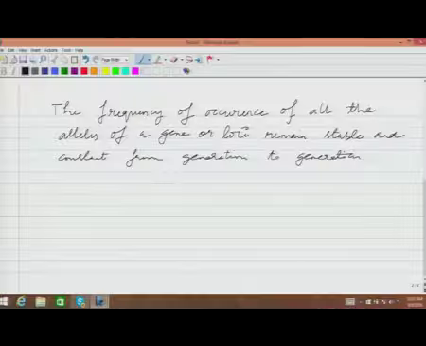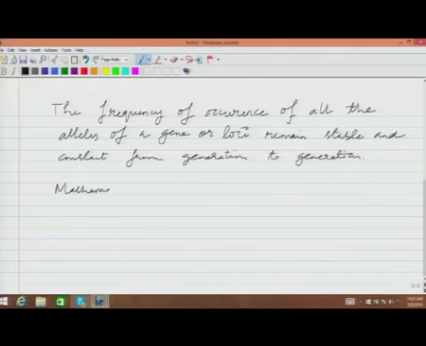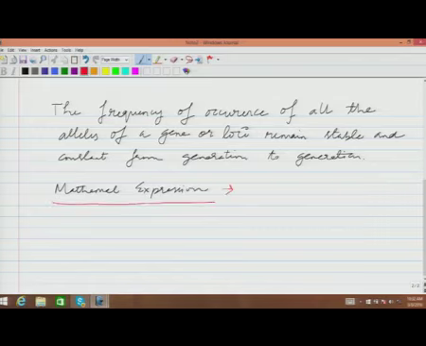This also gives you a mathematical expression to find out the frequency of occurrence of different alleles of a gene. So, how can we find out the different frequencies of the alleles of a gene? If, for instance, we are taking a diploid organism in which a gene is represented by two alleles A and a, the frequency of occurrence of A can be supposed to be p, and the frequency of occurrence of a can be taken as q.